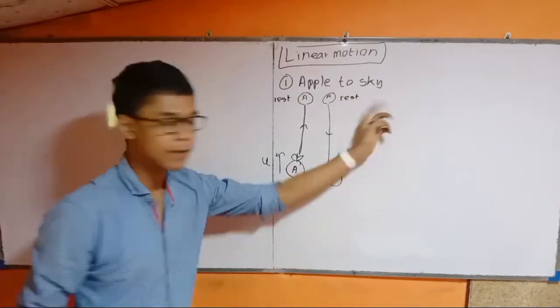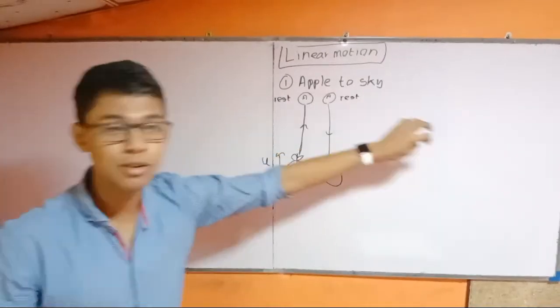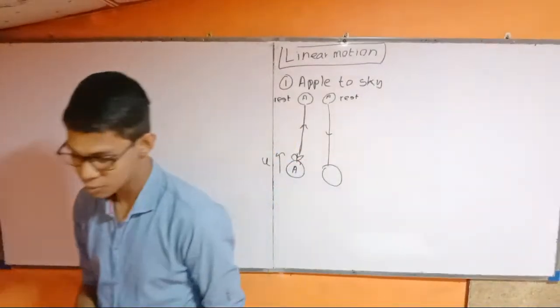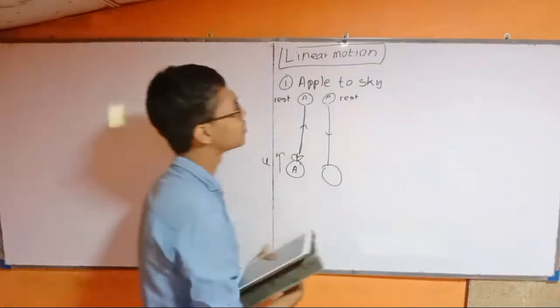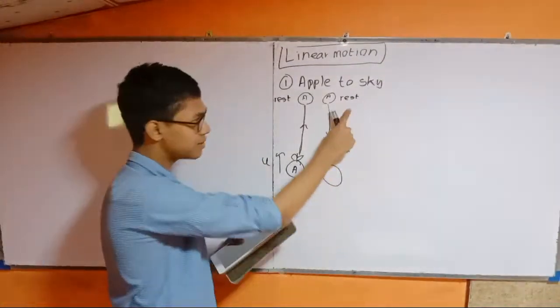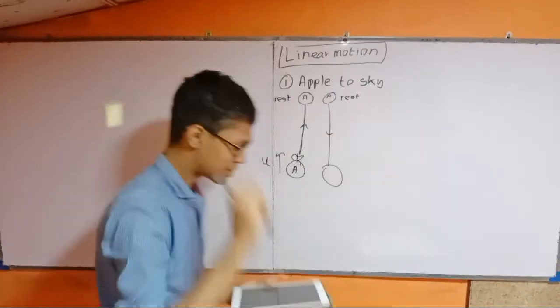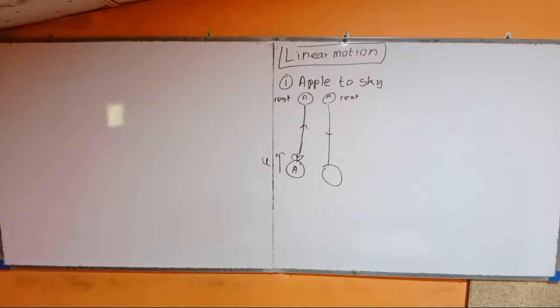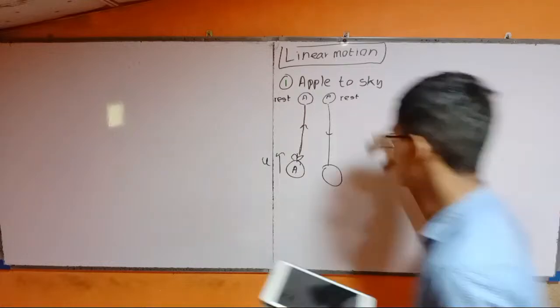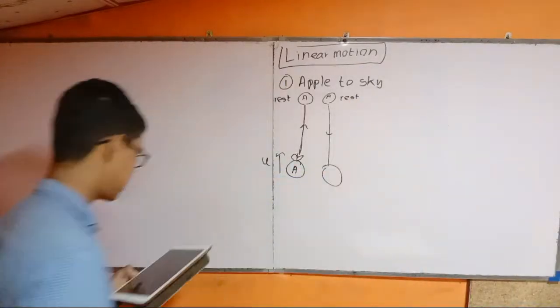So what is the velocity here? What's the velocity when it starts to come down from here to downwards? What is the velocity there? Use the group to text.